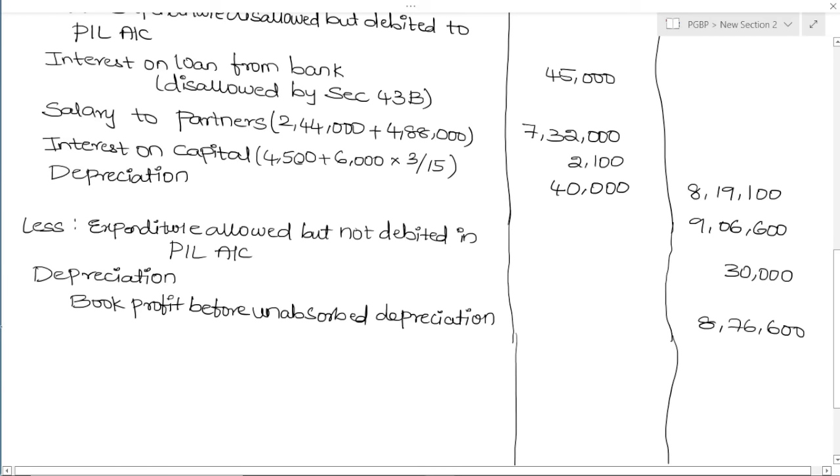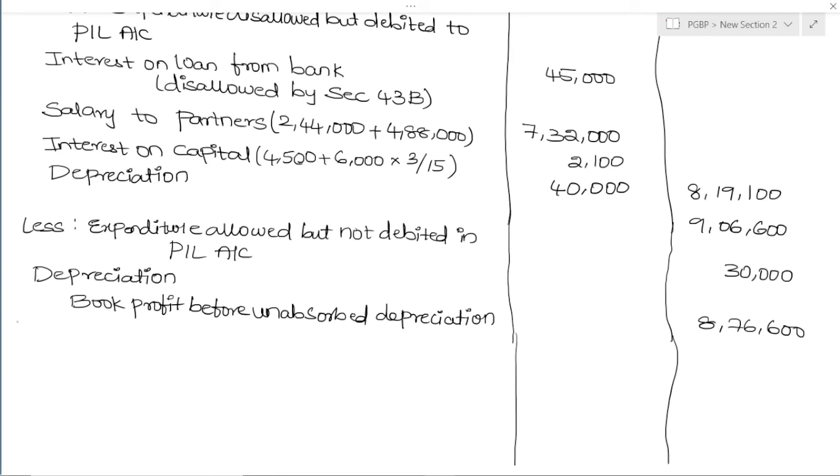Okay, that means from 8 lakh 76,600 we can deduct 50,000. Yes sir. The result should not be less than the business loss. So the result will be 8 lakhs 26,600 and business loss is 8 lakhs. So this book profit is not less than the business loss.